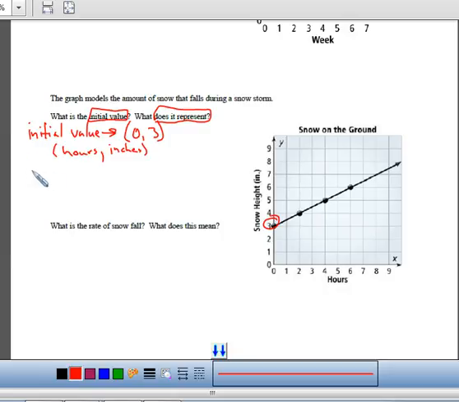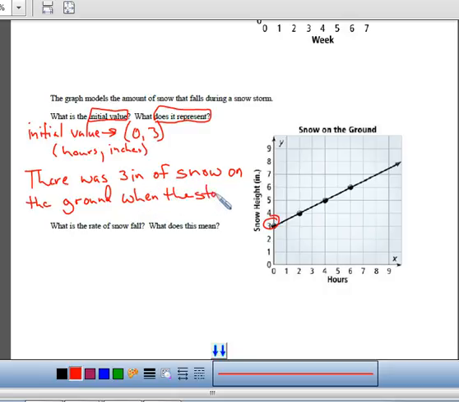It means that there was, or there is, 3 inches of snow on the ground when the storm began, or when the storm started. And then in parentheses, I'm just going to point out that it's 0 hours.